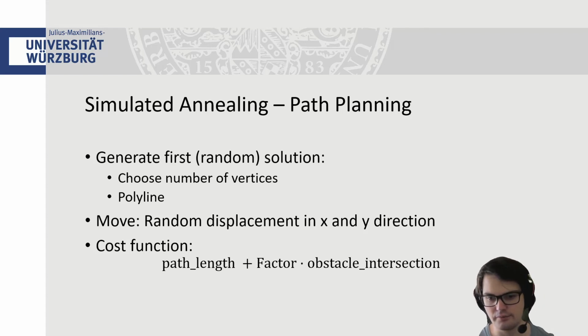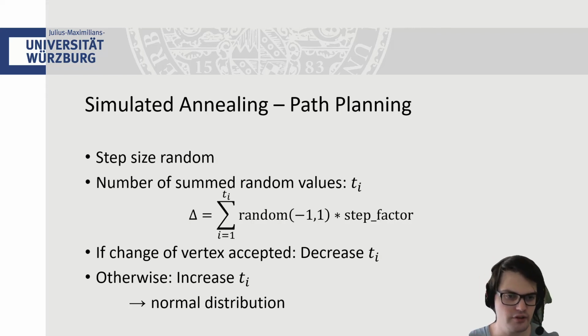And for computing the neighboring solutions, this paper has proposed a specific way to do this. First of all, we have a random step size. So that's basically this part of the equation. Here, the random value between -1 and 1, we multiply it with a step factor, which will decide how large our steps are in general.